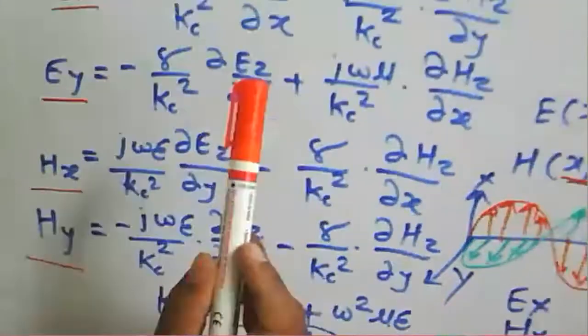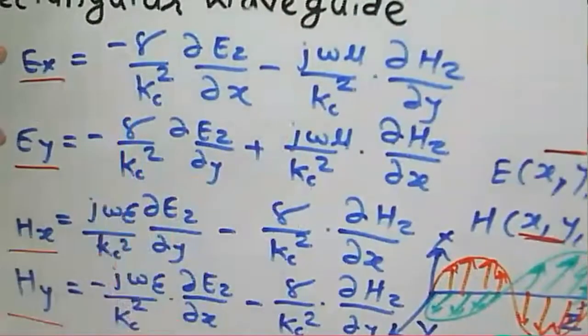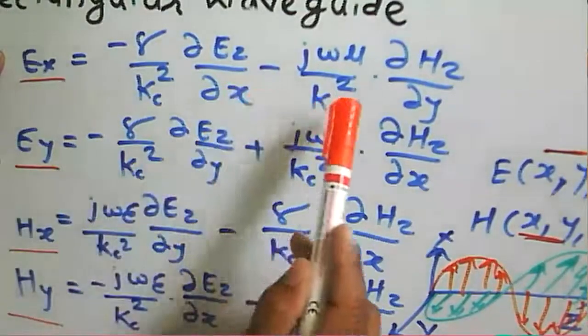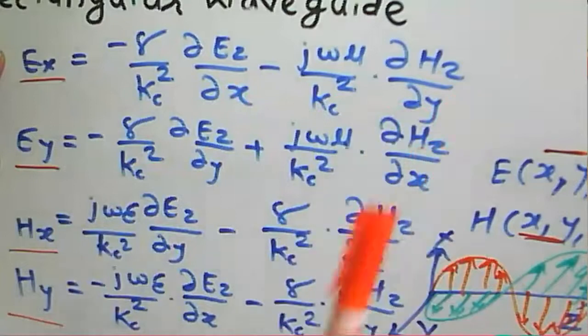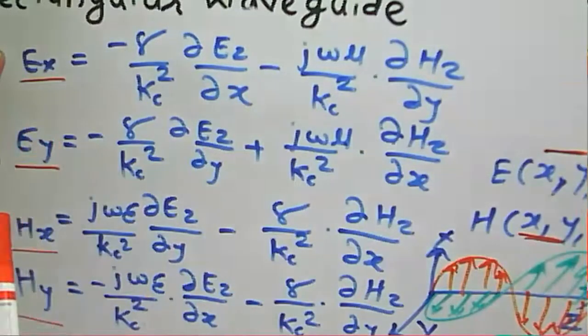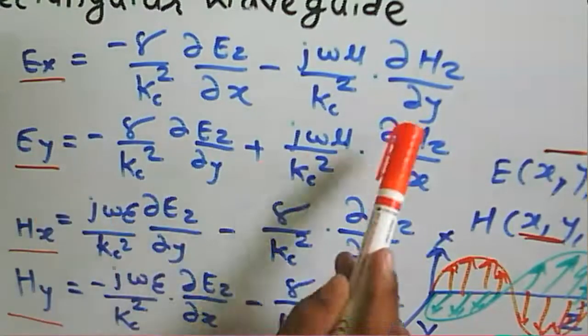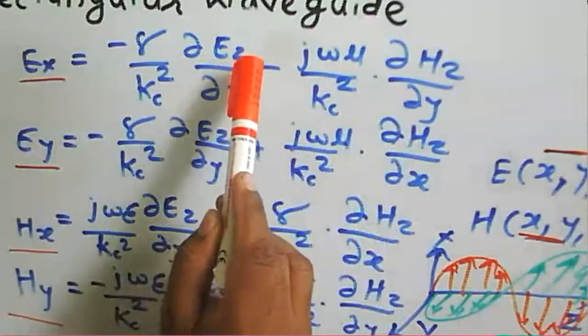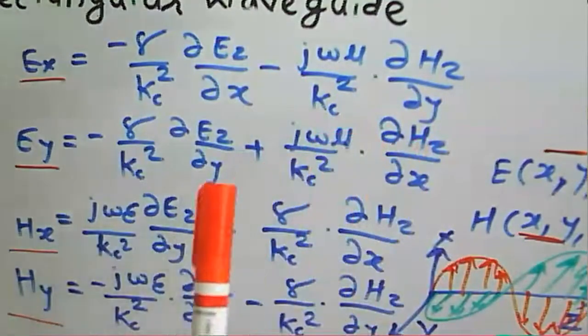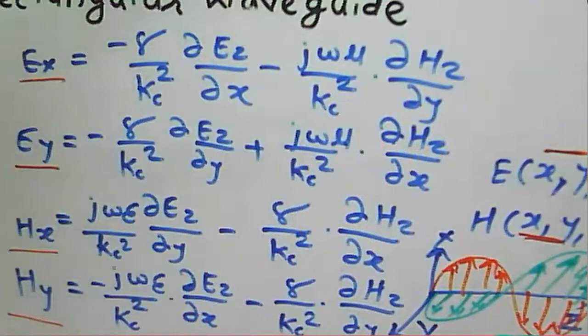So that's why we have all these equations of the electric field and the magnetic field. We say Ex, Ey, but the other components are in terms of Ez and Hz. Your equations of the electric field as well as the magnetic field components are with respect to that Z component, because the field has a longitudinal component.